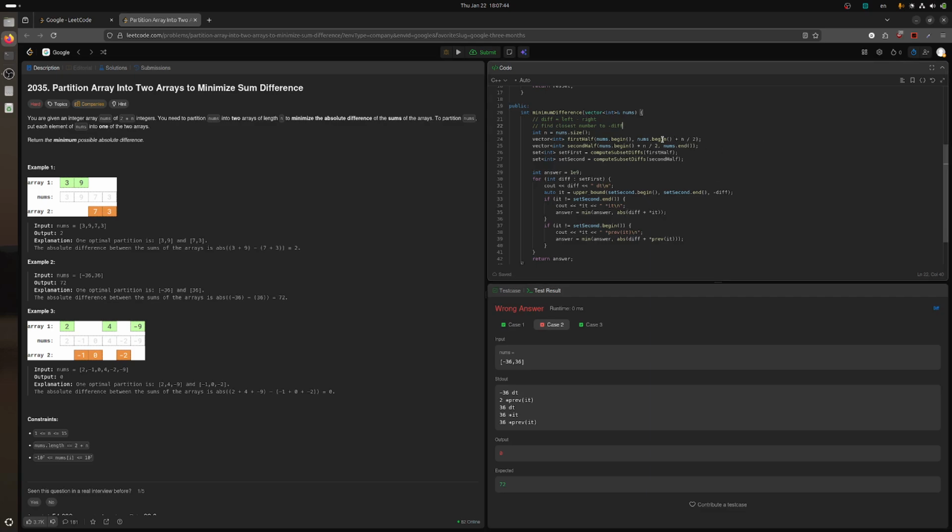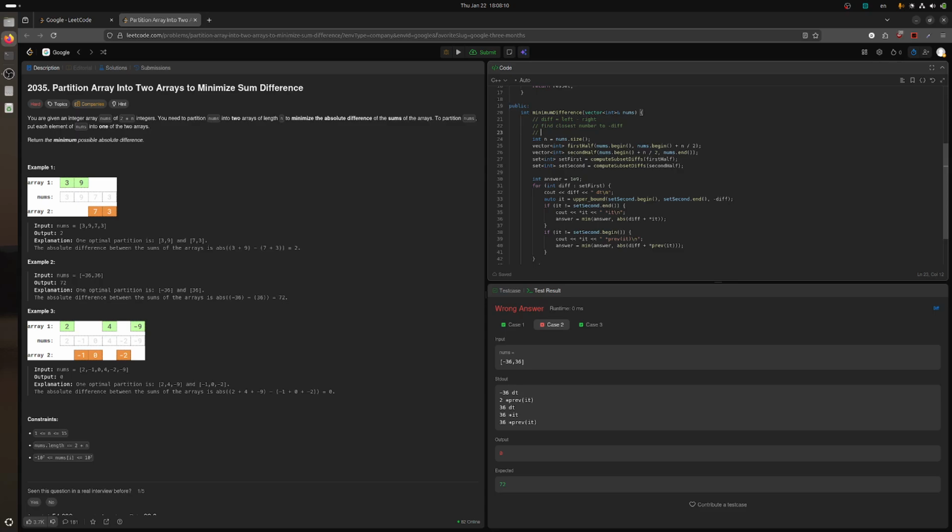The first one has a diff of what? So first one has a diff of... well, let's say we put minus 36 into the first one and nothing into the other one, so the diff is minus 36, right?